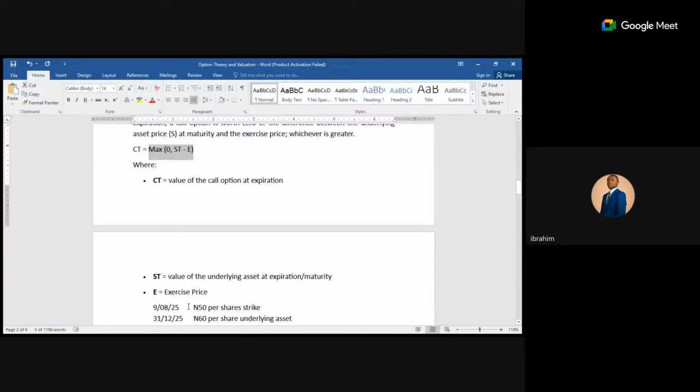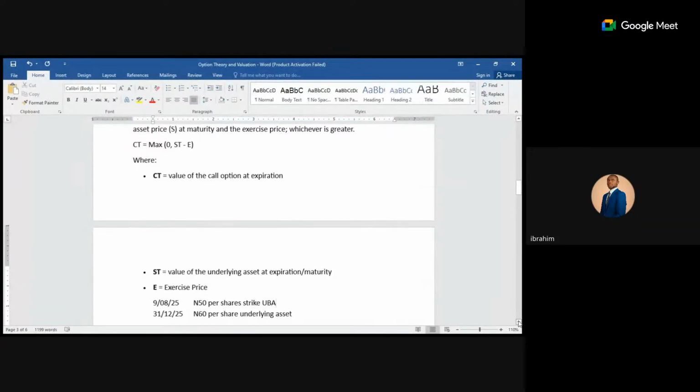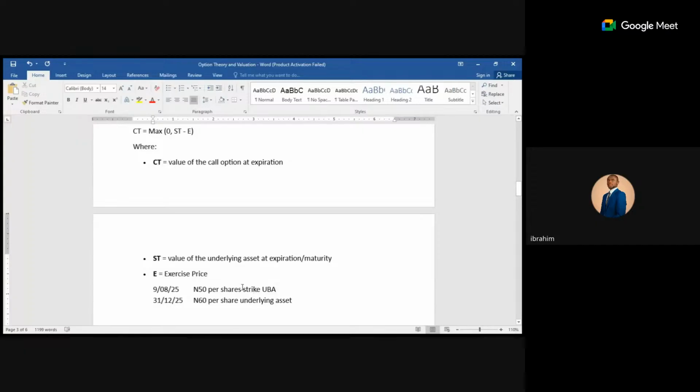Now, you enter into an option agreement with UBA. Let's say as of today, the market price is 50, which is the strike price or the exercise price.